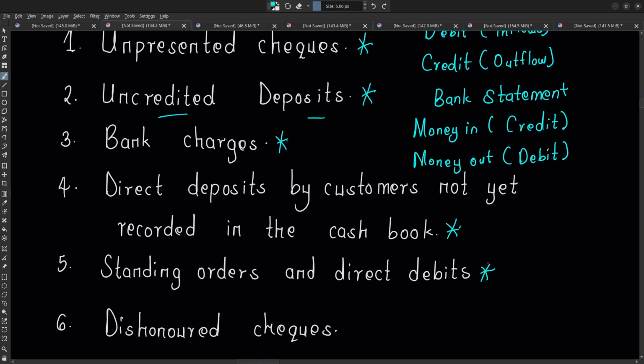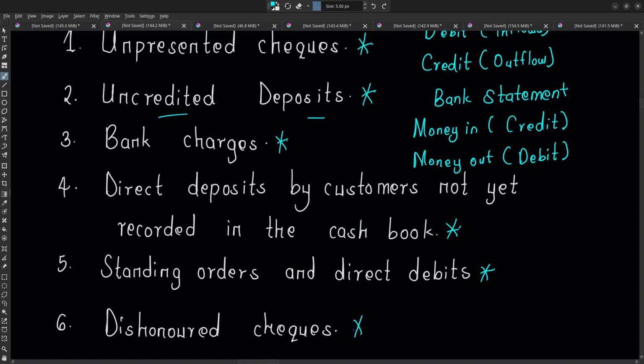Sometimes you could miss, or you don't pass journals during the month for them. You just pass them at the end of the month. Maybe if you've not done so in your cash book, you're going to have no record of this, but it has happened in the bank. So you see that there's going to be a difference between your cash book and the bank statement, okay?